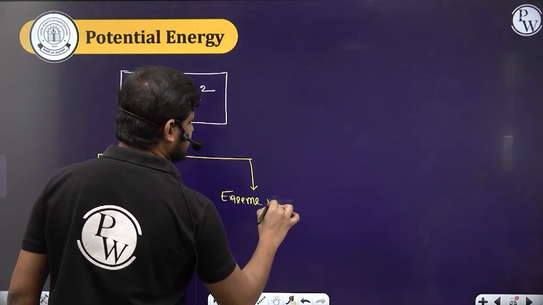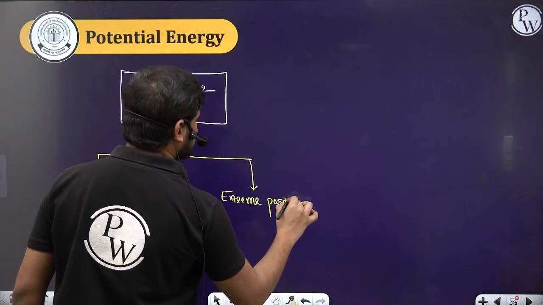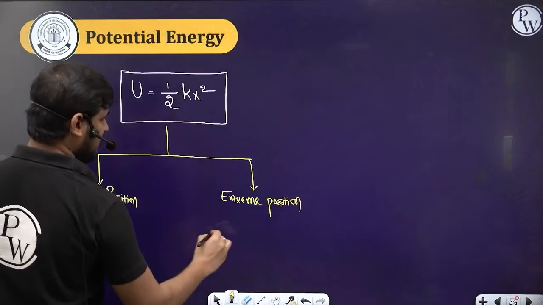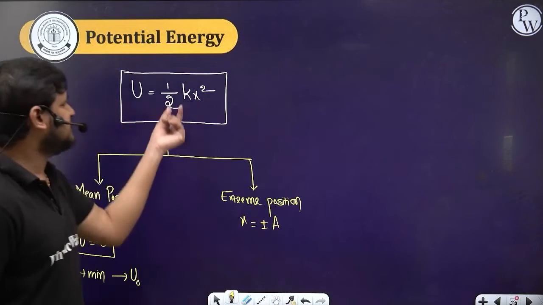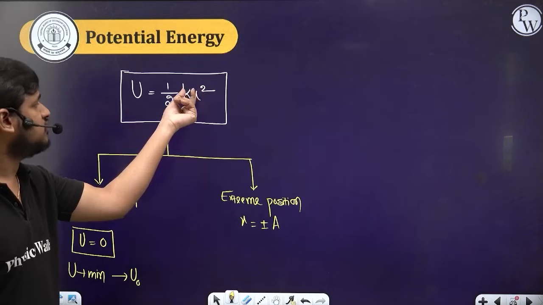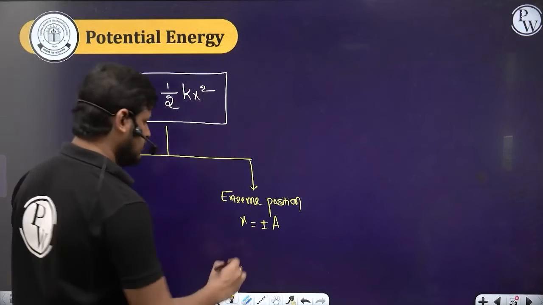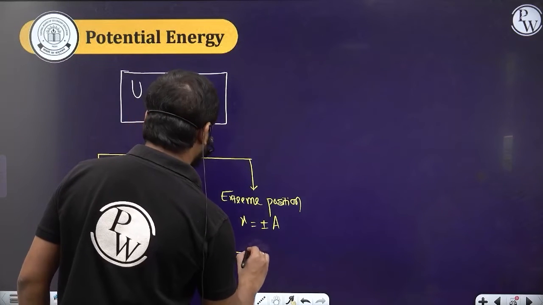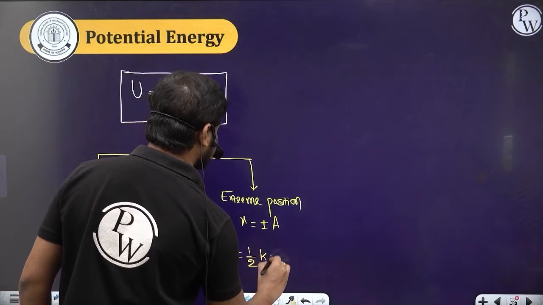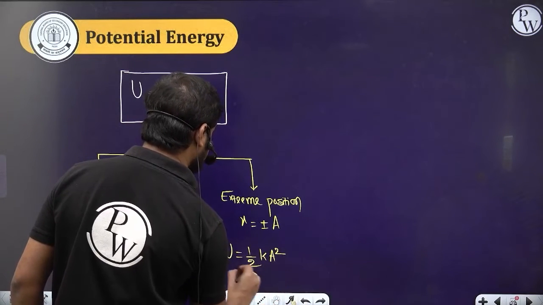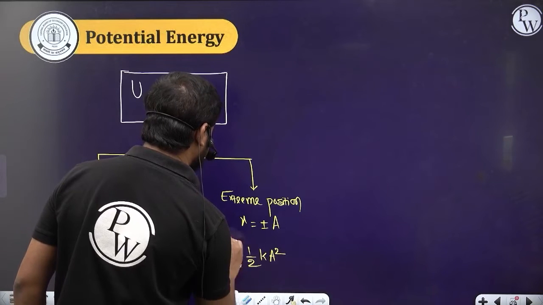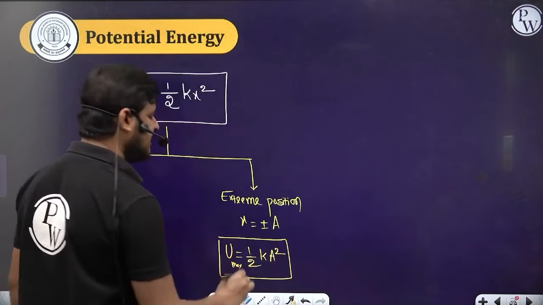Then consider the extreme position. There x will be equal to plus or minus a. Whether you substitute plus a or minus a, we are squaring anyway. So U will become half k a square. This is the maximum potential energy, half k a square.